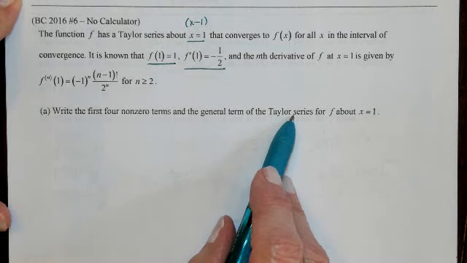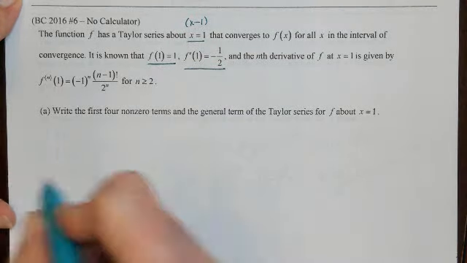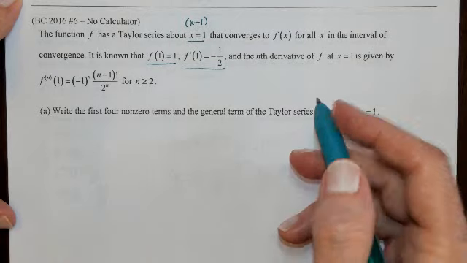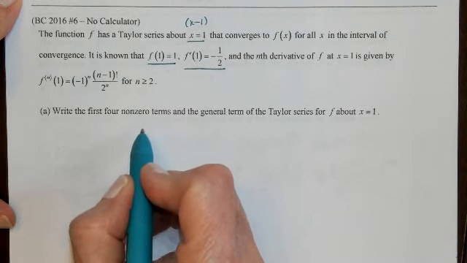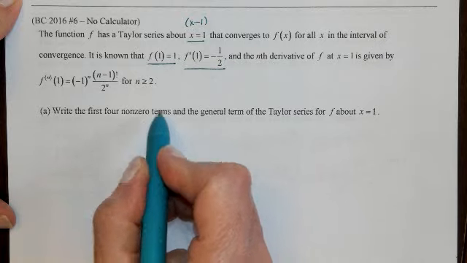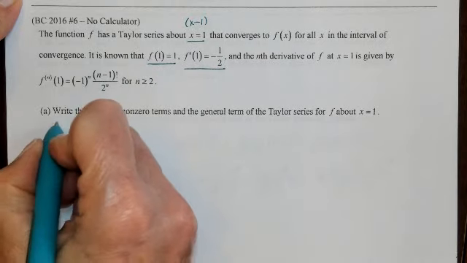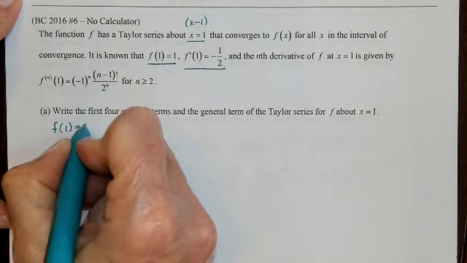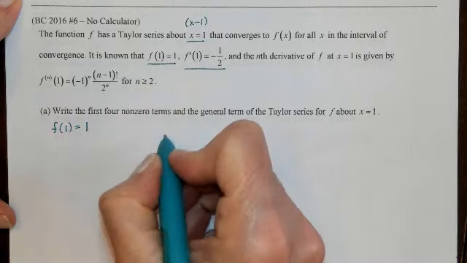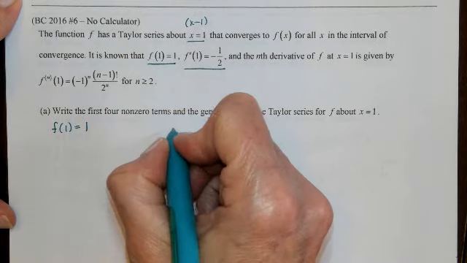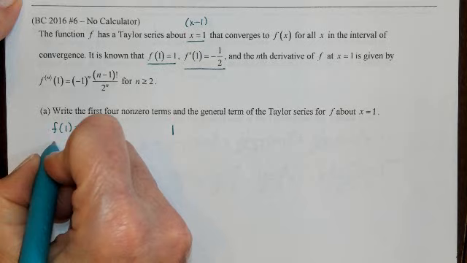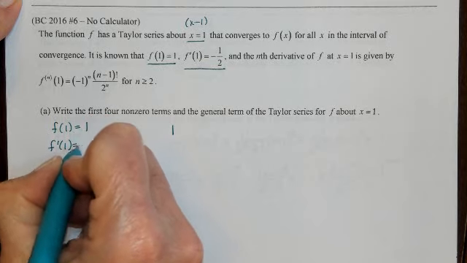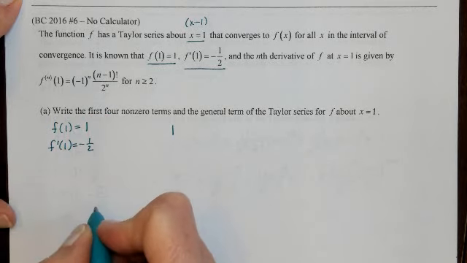Okay? So if we were given a function for x, I would write f of x is equal to whatever function, and then I would find f at 1. But here they just give us all of those values. So f of 1 is 1. So my first term in the series will be 1. Okay, f prime of 1 is negative 1/2.